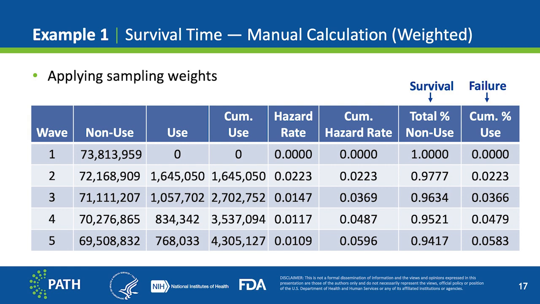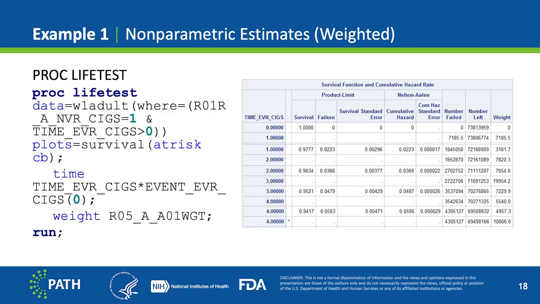That's why it's important to apply sampling weights for your own estimation, because using the unweighted data has misleading results. You can apply those weights to the non-parametric estimates in PROC LIFETEST and PROC PHREG.